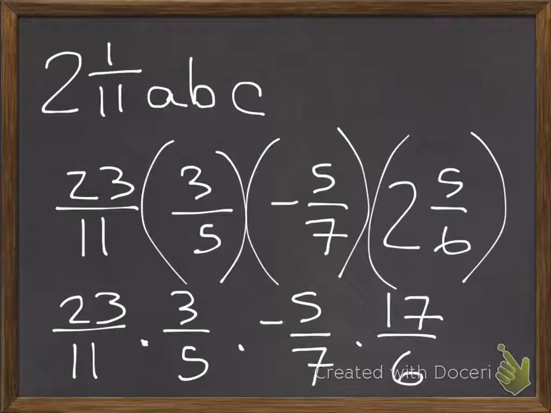I'm going to take this problem two fractions at a time because we can't simplify them all at the same time. So if we look at the first two fractions, we can't simplify those. The next two fractions, we can cross simplify the 5's because 5 goes into 5 one time, and then we can't simplify anything else. So now that we've cross simplified everything we can just multiply all the numerators together.